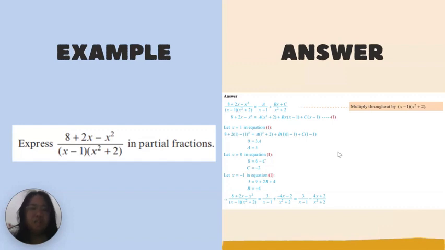In every case of partial fractions, if there are three answers that you need to find but you don't know how to get the other x, you can just use x equals 0 and you can get the results just like this. If we put x equals 0, then we will get C, which equals minus 2, and then solve it just like the previous case.